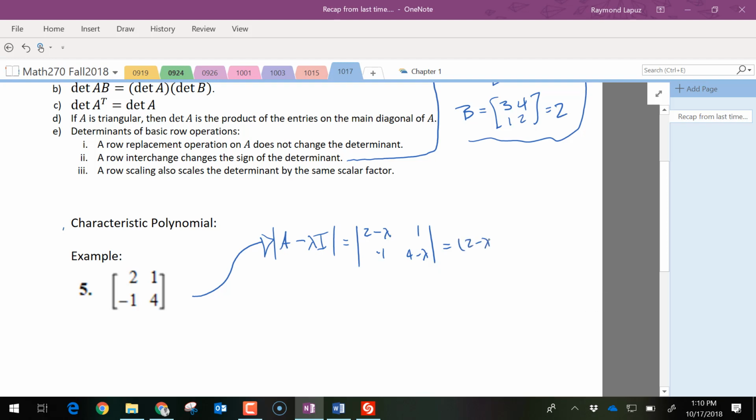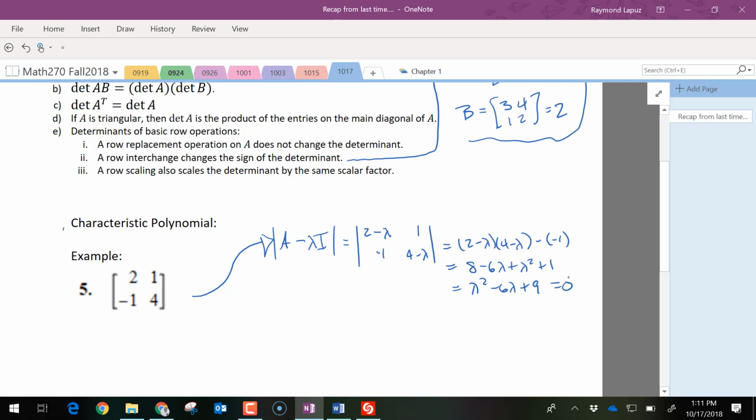So it's (2 minus lambda)(4 minus lambda) minus -1. Good to try to multiply things out so you can factor. 8 minus 6 lambda plus lambda squared plus 1. So lambda squared minus 6 lambda plus 9.